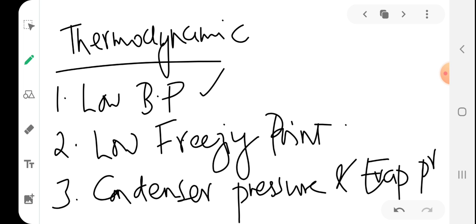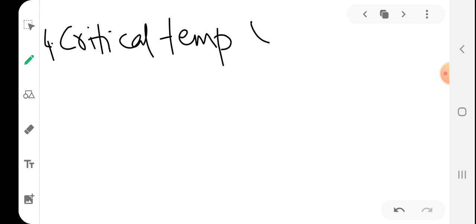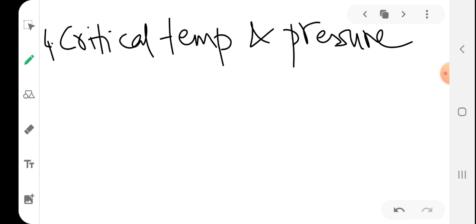And one more property: critical temperature and pressure. The fourth one is critical temperature and pressure. Students, the critical temperature is the highest temperature of a refrigerant at which it can be condensed to a liquid, regardless of a higher pressure.